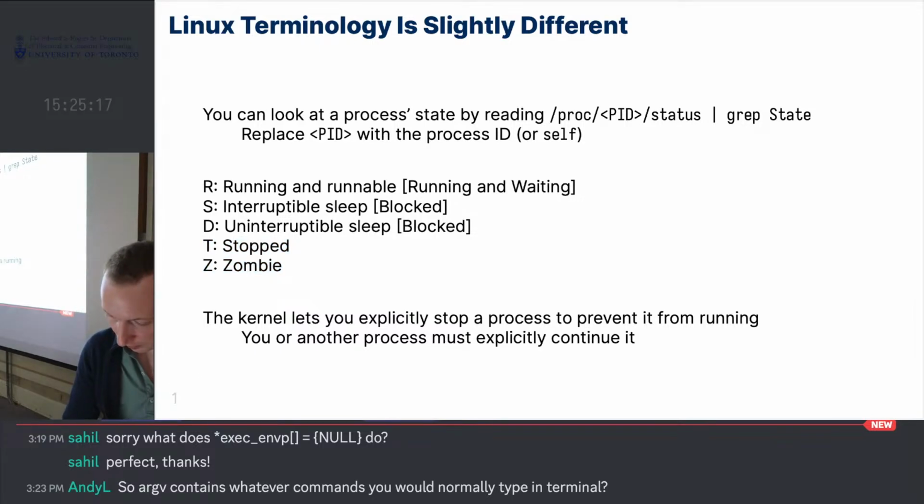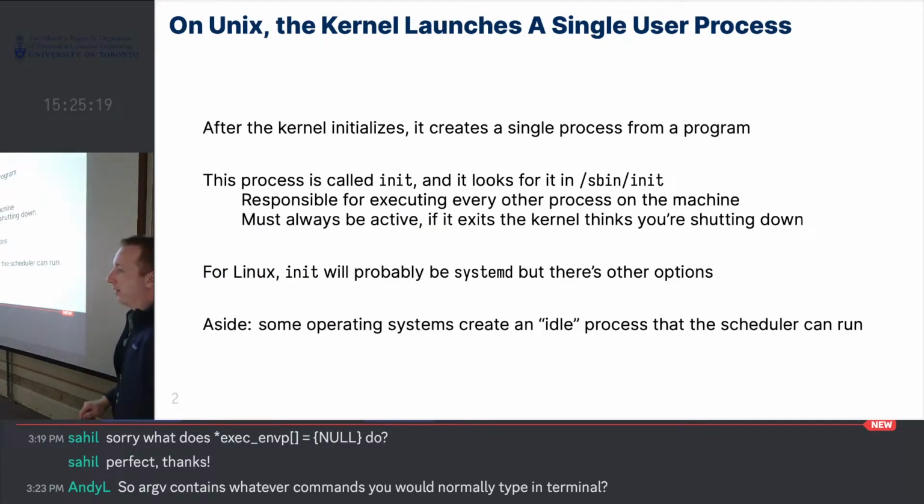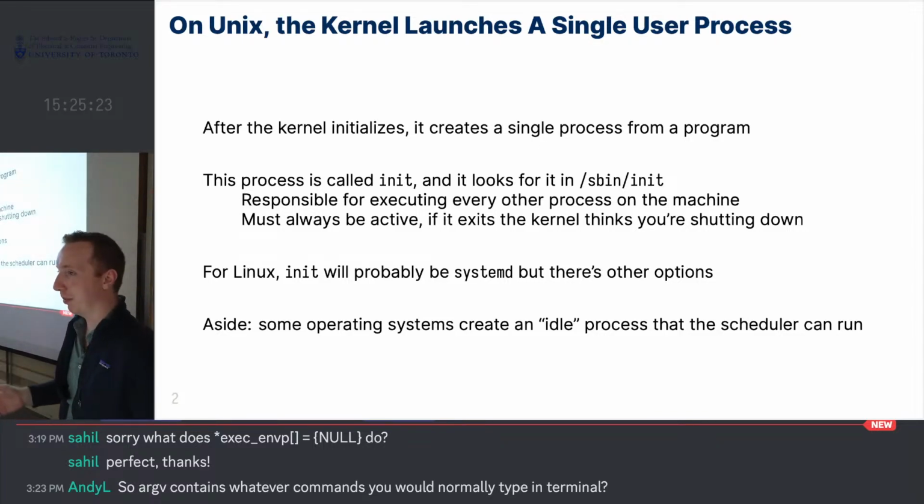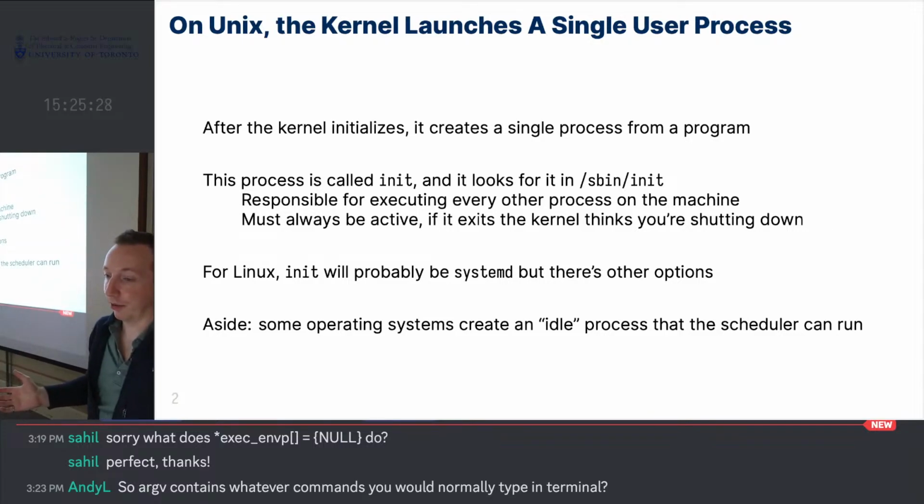There's another question: if fork is the only way to create processes, how do you ever create the first process? As part of its startup, as soon as the Linux kernel initializes all the hardware and everything, it launches one program and one program only, and creates a single process. This process is special.